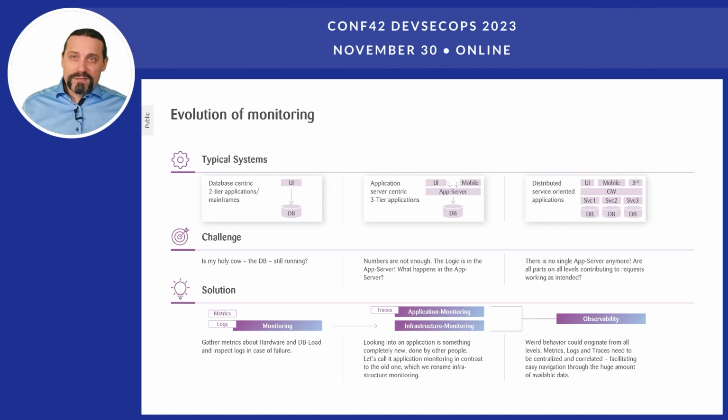And this poses quite a challenge, because here you can have some weird behaviors in such a distributed system. And here we are talking about observability. Also here we usually use AIOps to make sense of the massive amount of data that we are getting out of that.